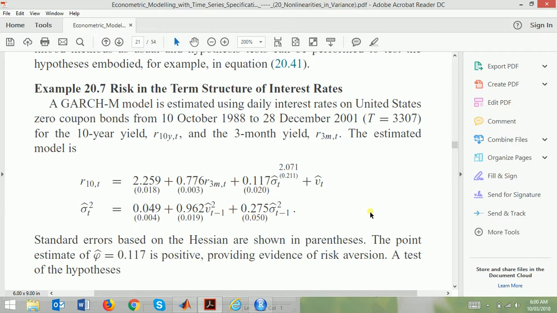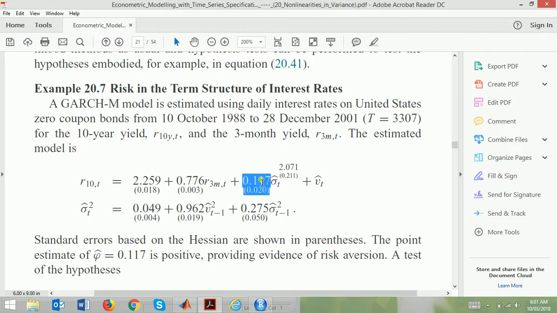The estimated model is the return model: the 10-year yield equals an intercept plus the 3-month yield plus the risk term plus v t.